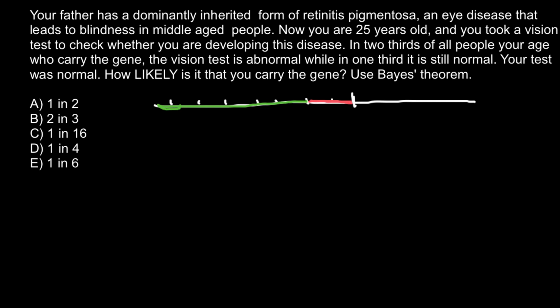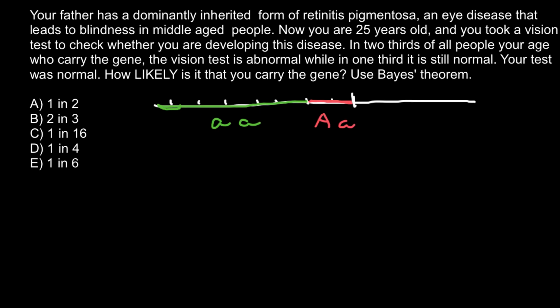So now the time scale shows us that this person has much more probability of being homozygous normal, so the genotype would be small a, small a, than being a carrier. This is a dominant genetic disorder, so the genotype would be capital A and small a.